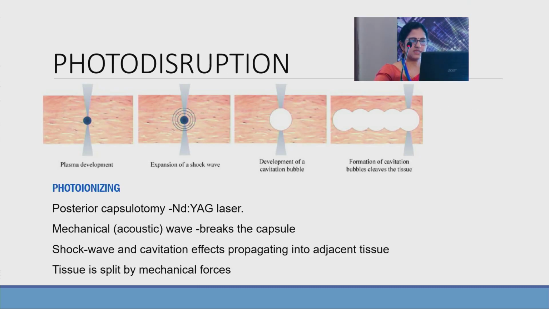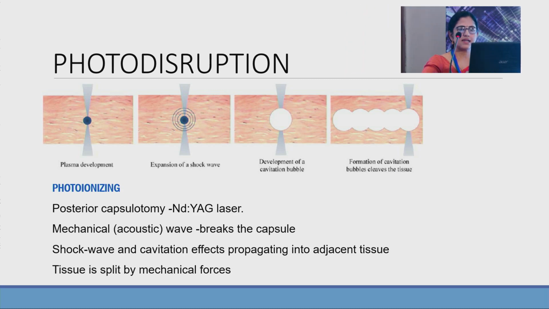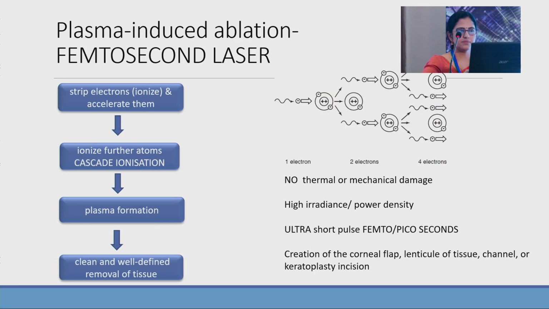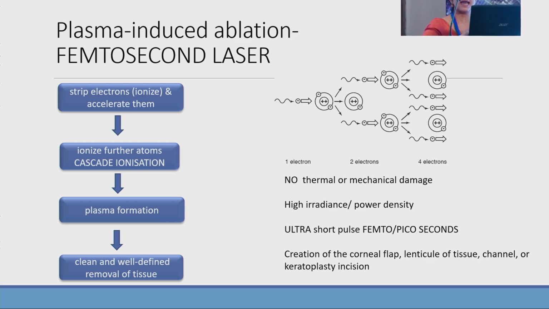Next is photodisruption, otherwise known as photoionization. The example is Nd:YAG laser posterior capsulotomy. Here shock waves and cavitation bubbles are produced that lead to mechanical splitting of the tissue. That is different from the newer plasma-induced ablation that is seen in femtosecond lasers. Here the laser strikes the electrons causing ionization and acceleration.